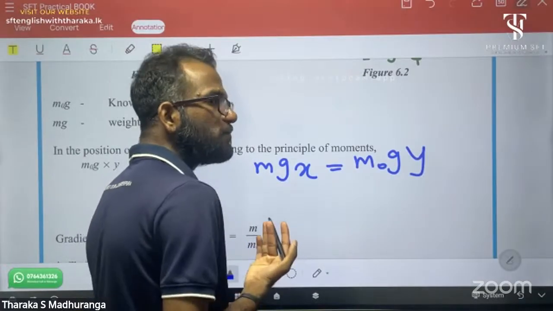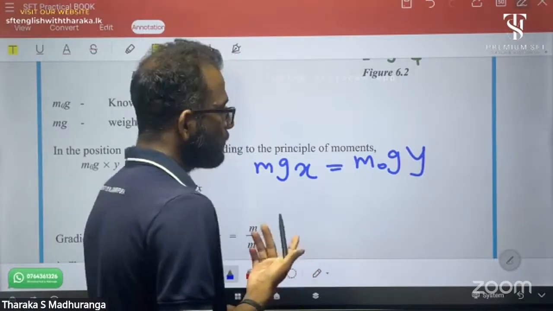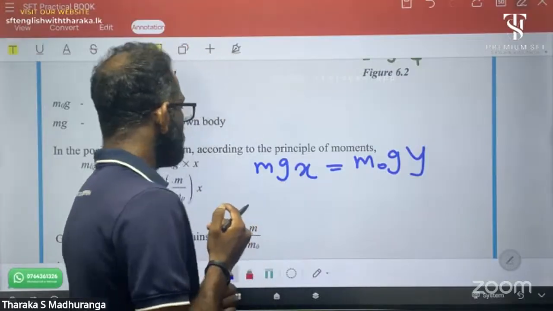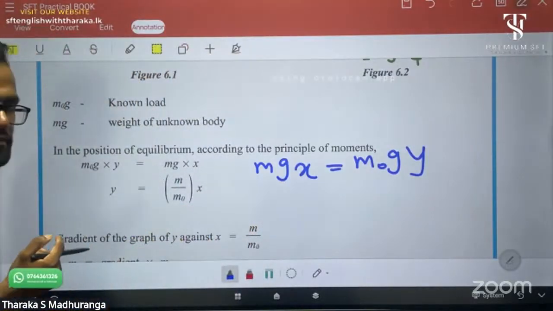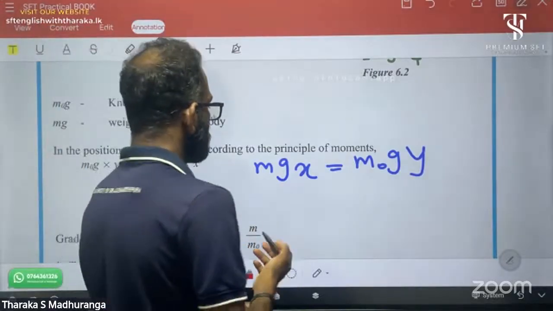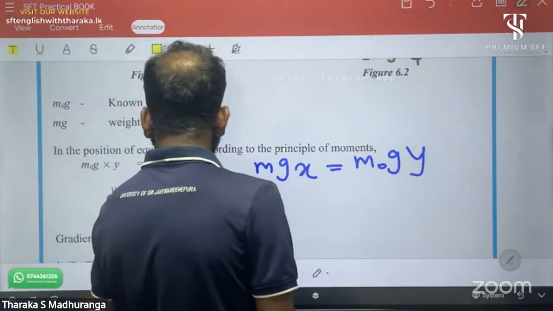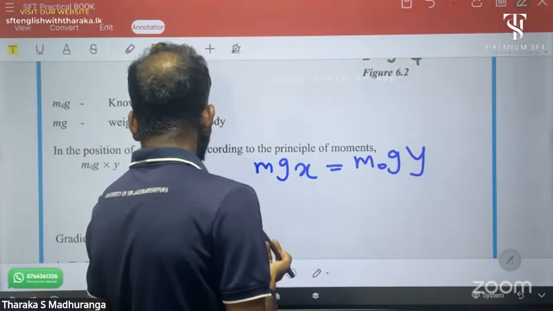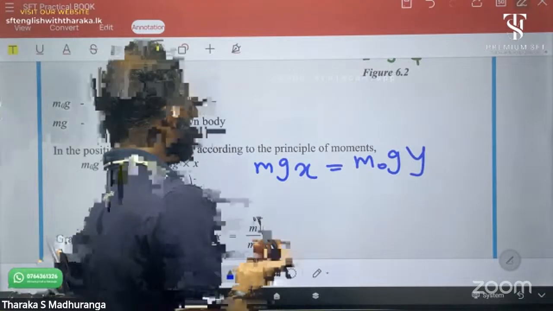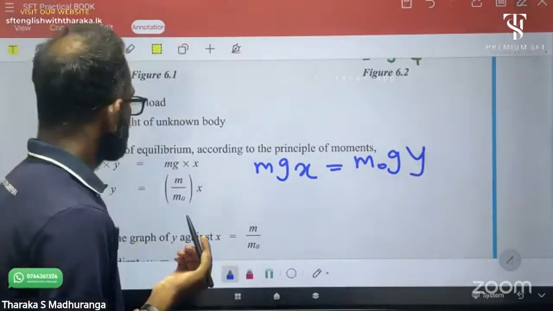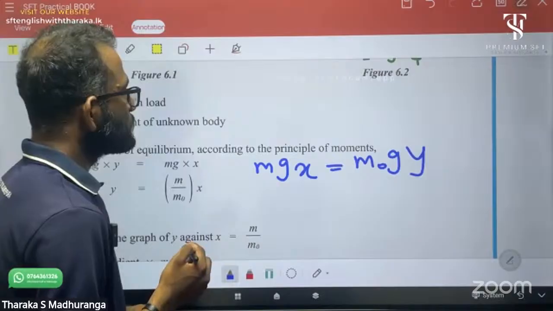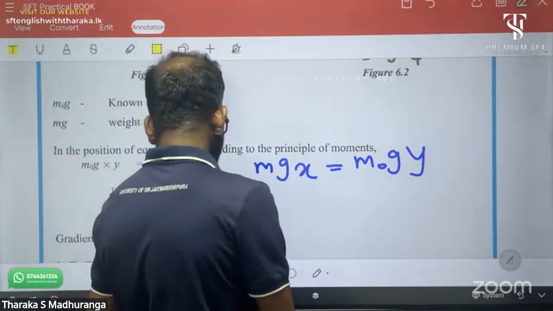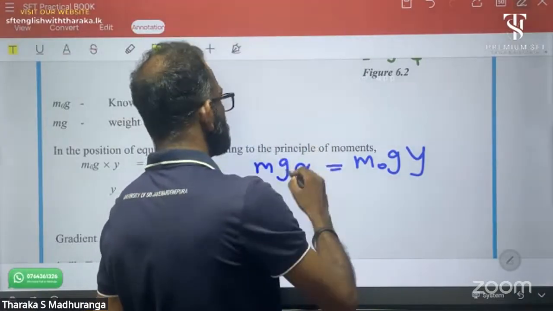Okay, the graph is y equals mx, right? We can also prepare this equation according to the y equals mx form. Let's make it into the y equals mx form. Now g and g cancel, because it is the same g.